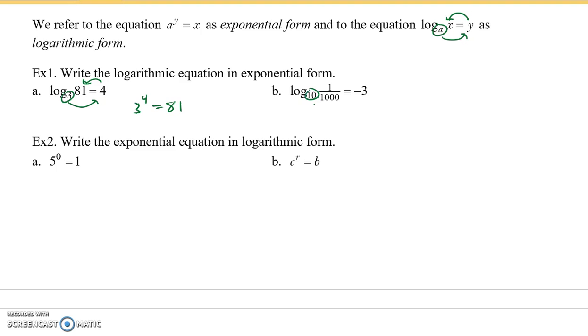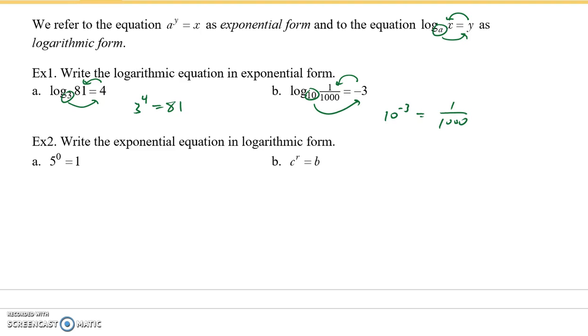Start with the 10, raise it to this power, set it equal to that. 10 to the -3 equals 1/1000. And we know, by the way, 10 to the -3 is 1 over 10 to the +3. 10 to the +3 is 1000.